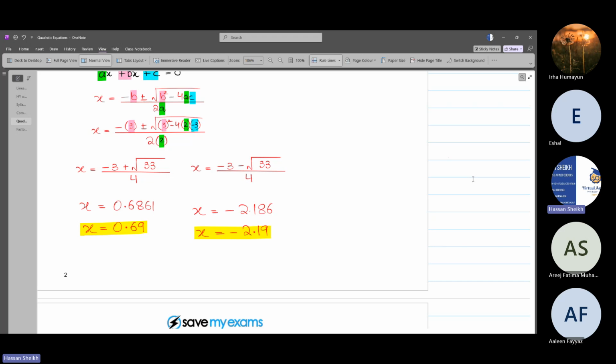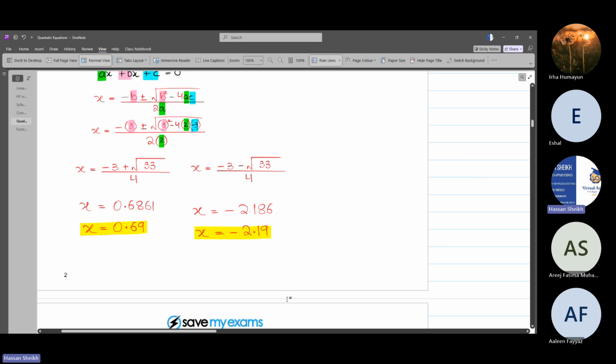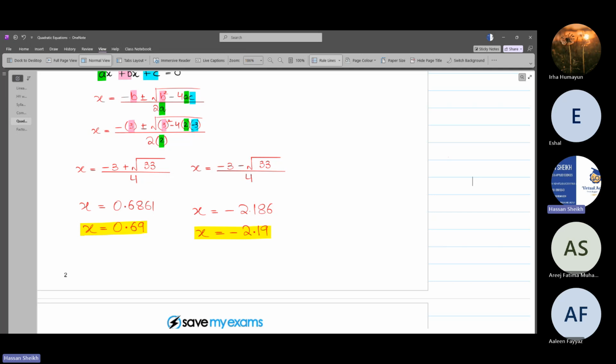I'm using this calculator since almost 2003. Most of you were not born at that time, I suppose. Not most of you, I think all of you. Which year were you born? 2006 and 7? 2012, 2013.